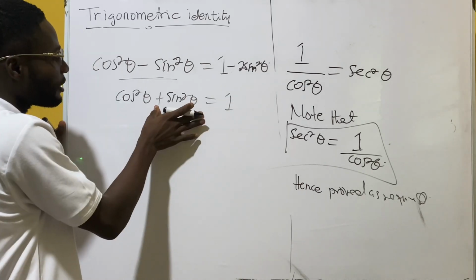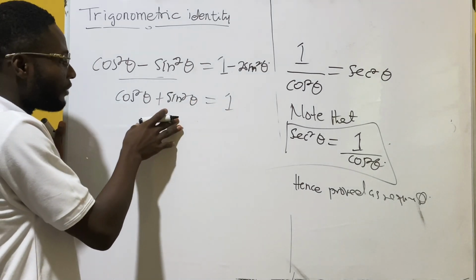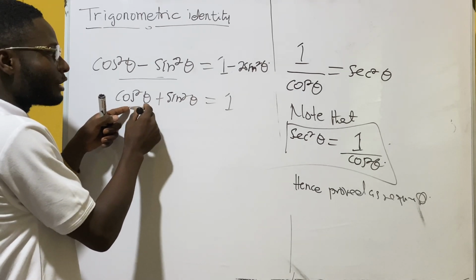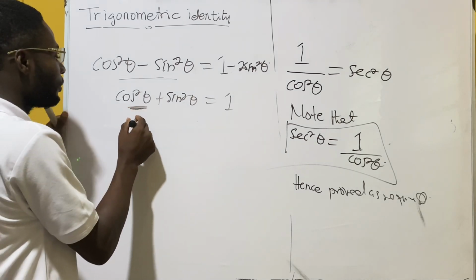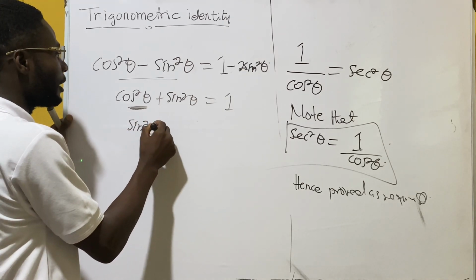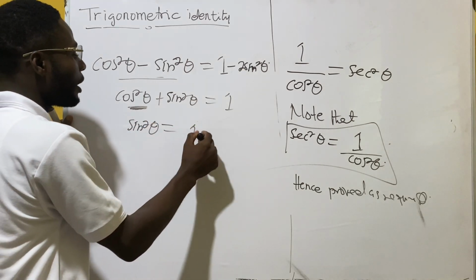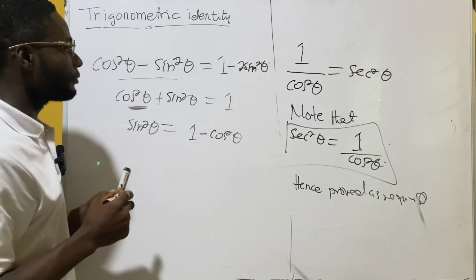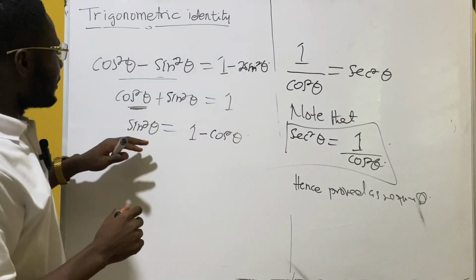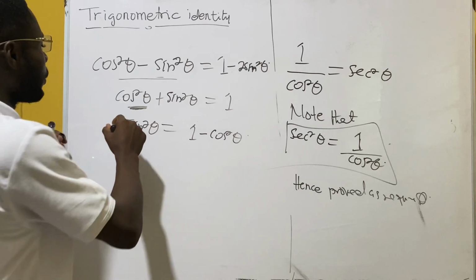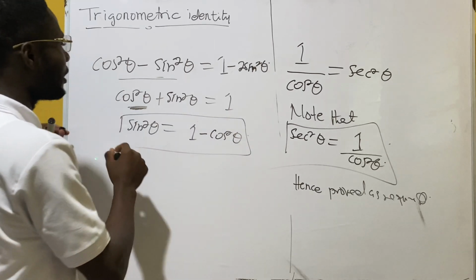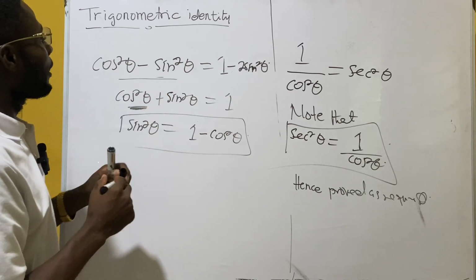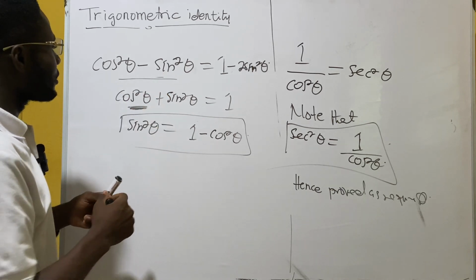If we make sine squared theta the subject, then sine squared theta equals 1 minus cos squared theta. So wherever we see sine squared theta, we put 1 minus cos squared theta.